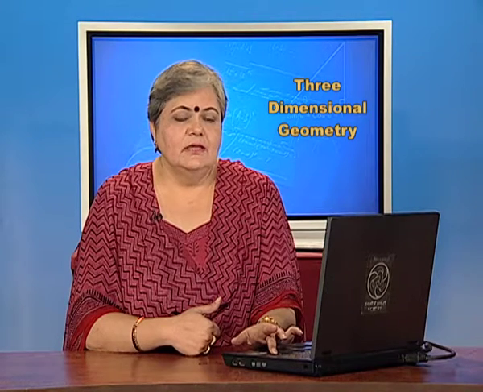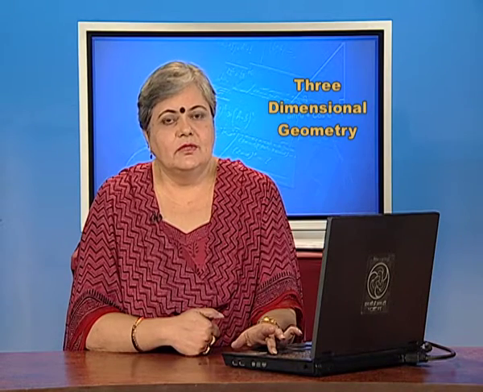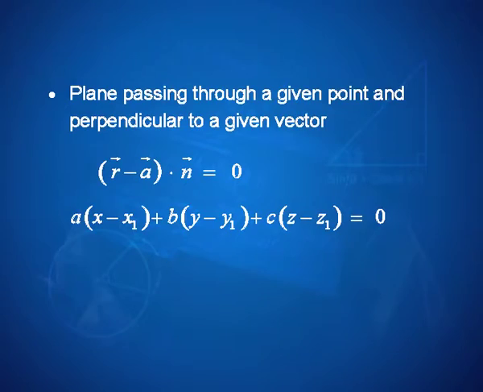In Cartesian, this equation becomes a times x minus x1 plus b times y minus y1 plus c times z minus z1 equal to 0. a, b, c are the direction ratios of the normal, x1, y1, z1 are the coordinates of a known point of the plane. If you rewrite this equation, it gives rise to a linear equation in x, y and z.